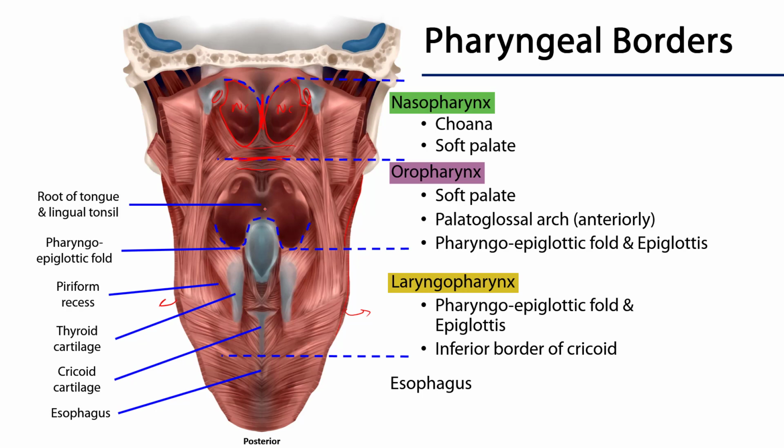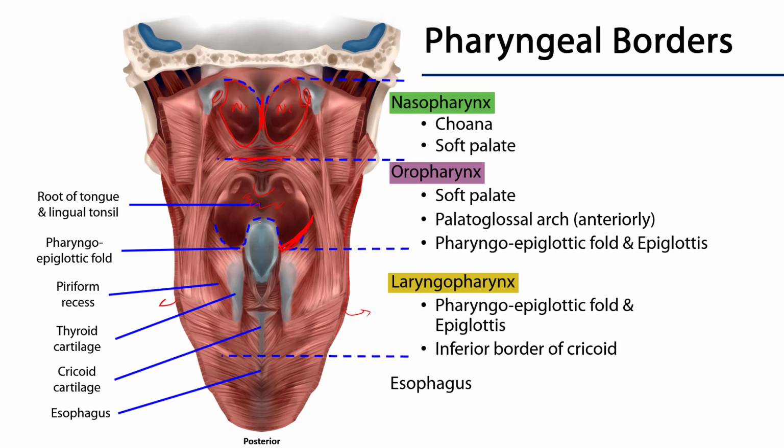That's going to be up there, but we can see the root of the tongue here and the uvula. Here is the pharyngoepiglottic fold right along there, separating the oropharynx from the laryngopharynx, inferior to that.